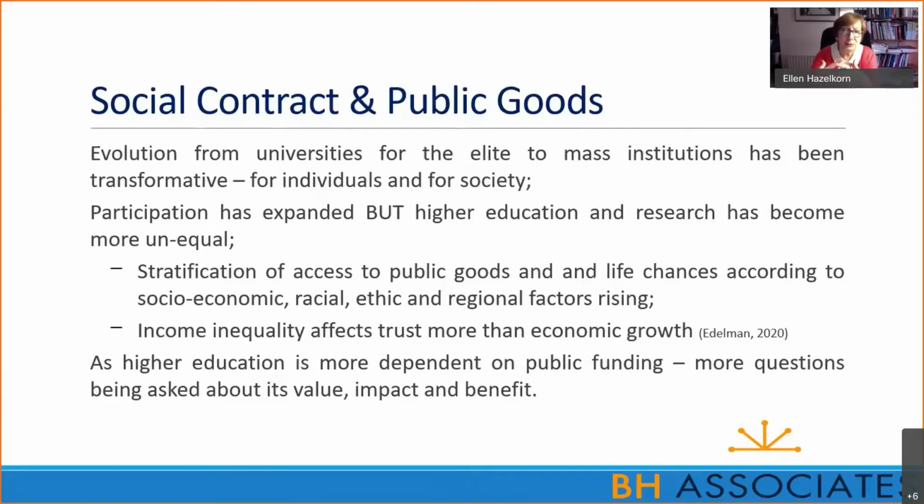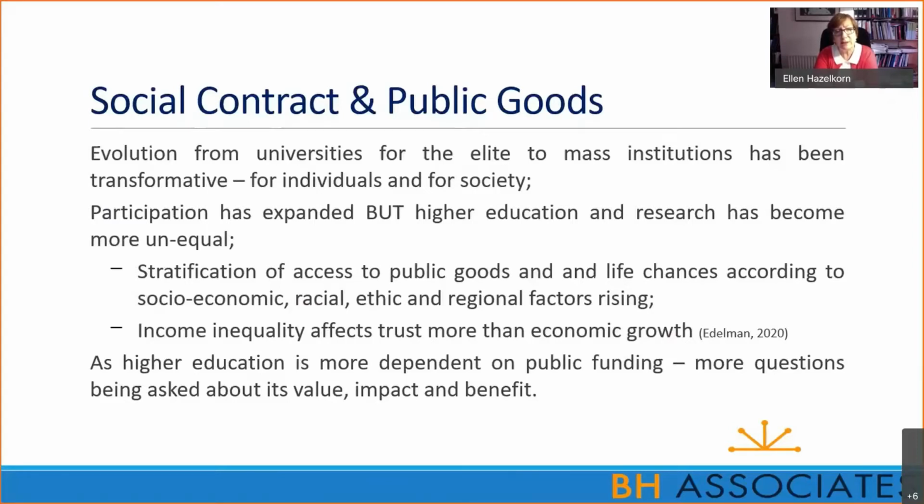But at the same time that higher education has expanded, ironically, it's become more unequal. We have at this point in time, as the OECD has said, income inequality at its highest level ever. And we see most of the effects of this within countries, less between countries, because, interestingly, the effects of globalization are within countries.